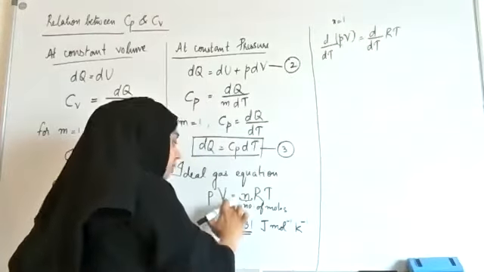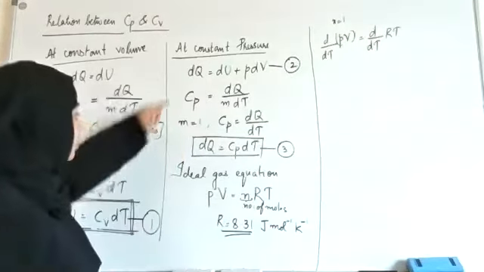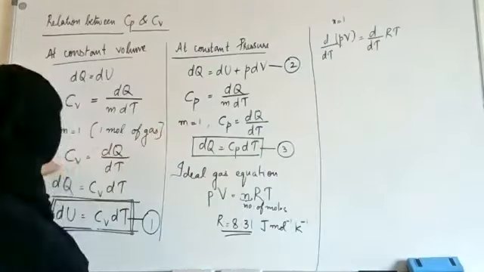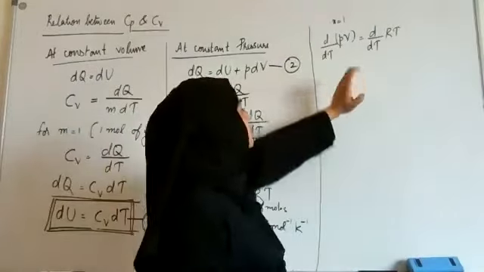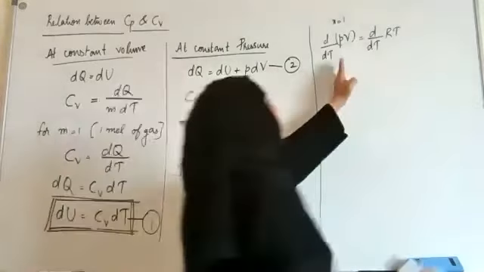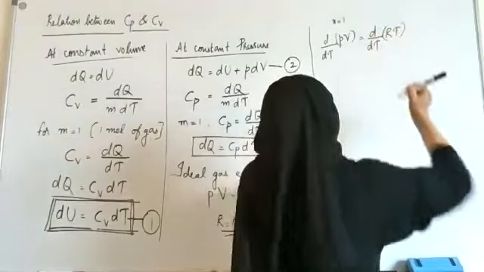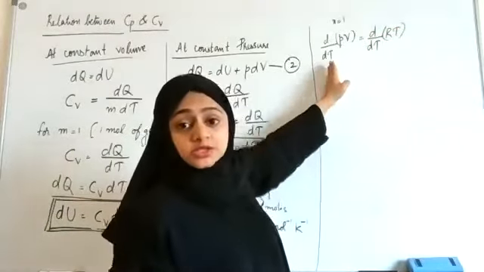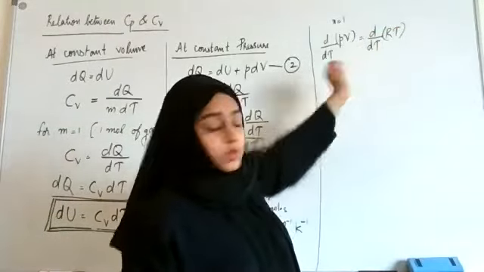That is for 1 mole of gas. We consider all here for 1 mole of gas. So for n is equal to 1, this will become PV is equal to RT. So what I have done is take differentiation with respect to temperature on both sides of the equation.